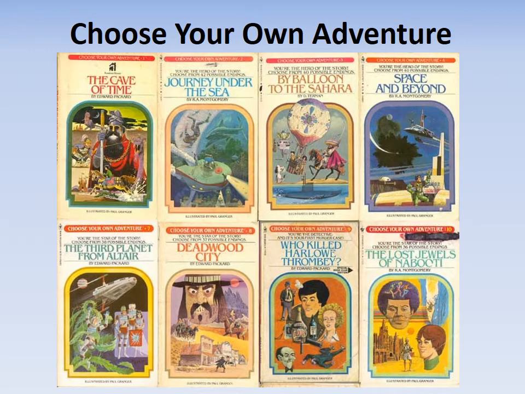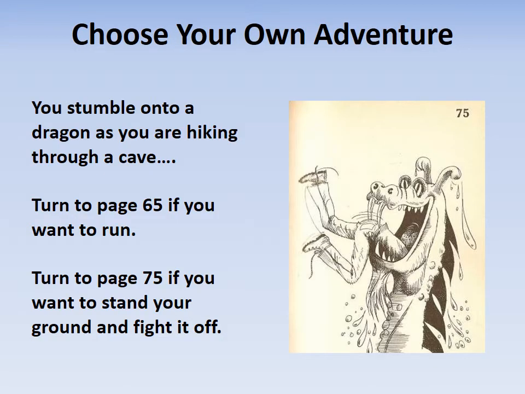So if you've never used a dichotomous key, it's kind of like a choose your own adventure. These are old books from when I was a kid. Maybe some of you don't know what Choose Your Own Adventure books are, but there are now some newer Choose Your Own Adventure movies, and it's the same kind of concept. You read on through the book, and then you get to a spot that gives you some sort of situation, and then you choose which direction to go.